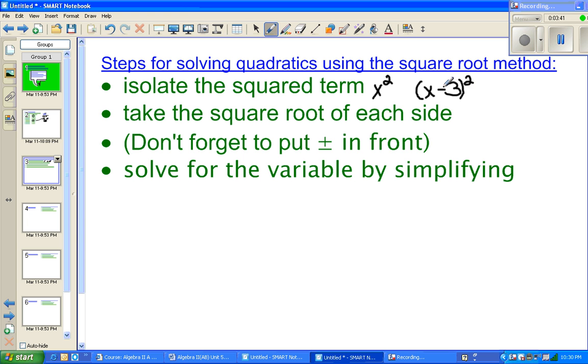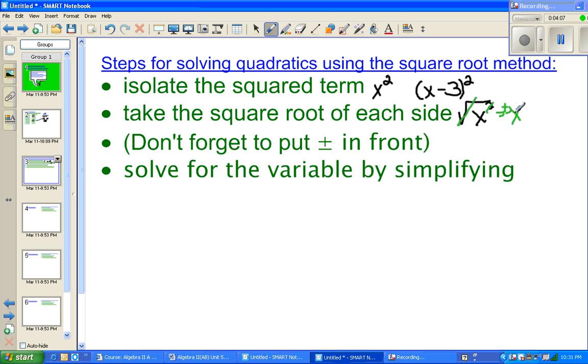Once you've isolated the squared term, and you've gotten everything else on the other side of the equation, then you're ready to take the square root of each side. Why would you do that? Because a square root undoes a square. It cancels that out, and it allows you just to say x. But this is what I talked about on the front page.